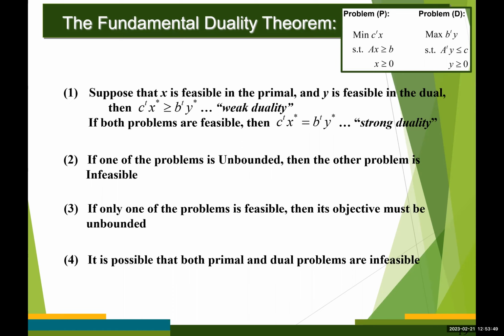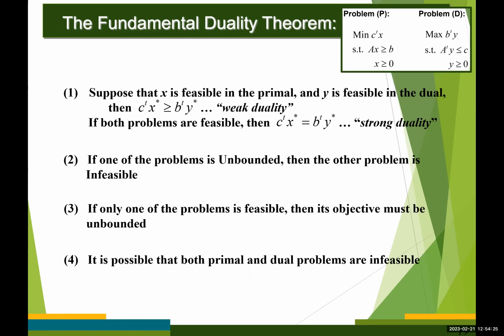So if the primal LP is minimizing the objective function, the dual provides the lower bound on its optimal objective function value. Also, as we make these bounds increasingly tighter, the lower bound actually becomes the optimal objective function value of the primal LP. So that is what is called the weak duality.